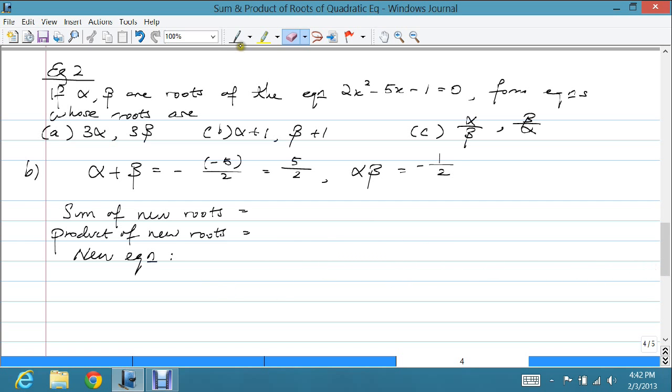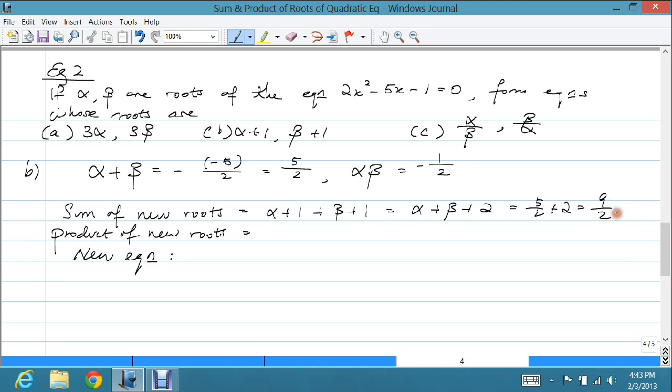The technique is the same. So the sum of roots in part B is alpha plus 1 plus beta plus 1. This gives me alpha plus beta plus 2, which is 5 over 2 plus 2, so that gives me 9 over 2.